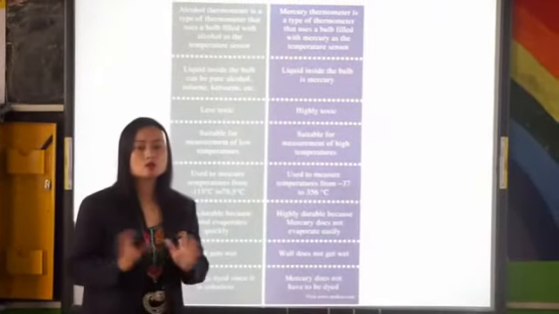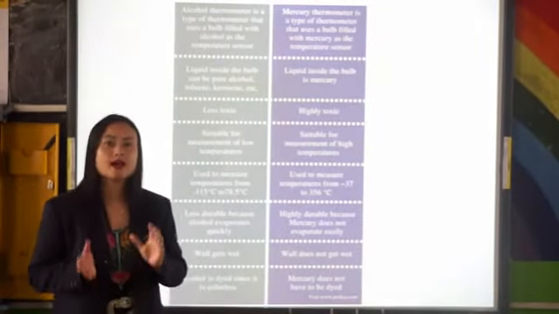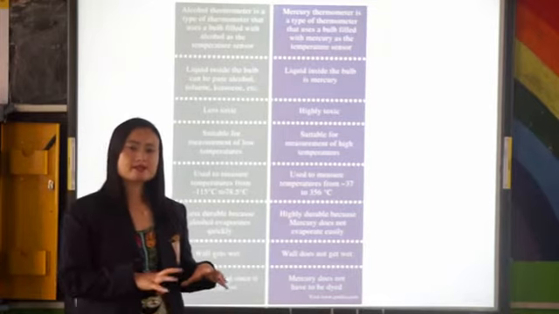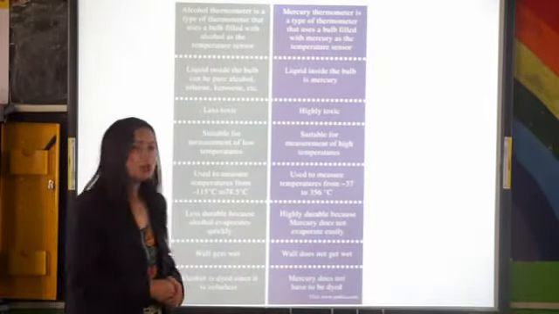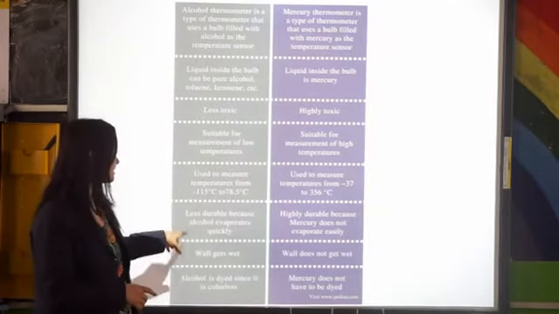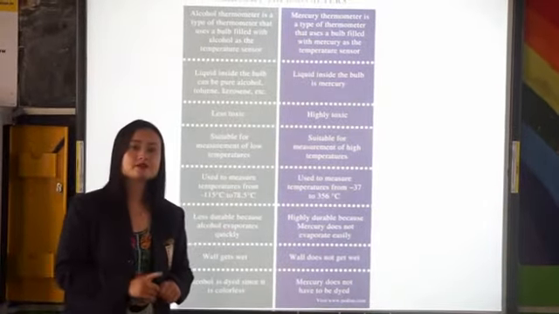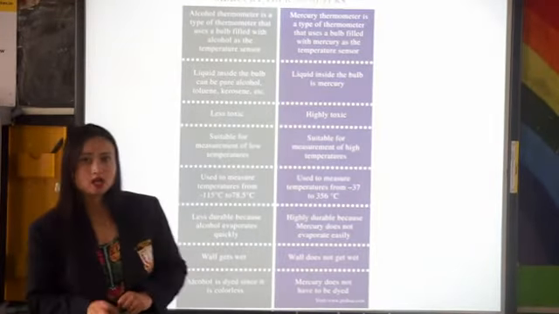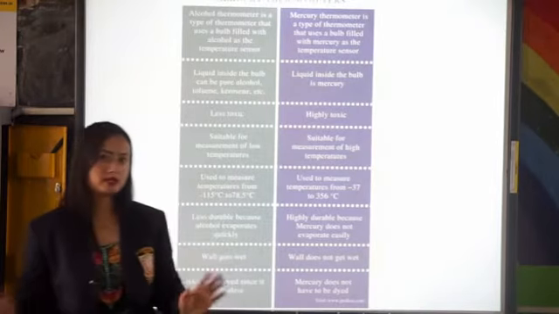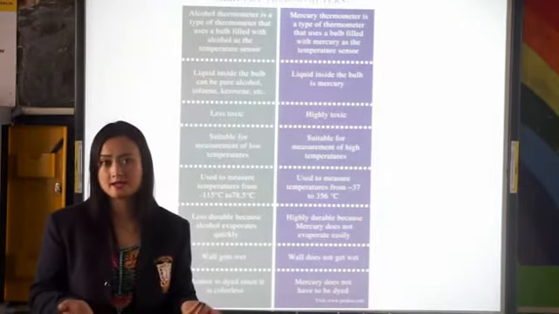That's why in cold places alcohol is used as a thermometric substance, and in places where the temperature is high, mercury is used. Now the other difference is that alcohol is less durable because it evaporates quickly, and that is one reason why mercury is often used as a thermometric substance. You know alcohol is available everywhere, but we don't use it as a thermometric substance, isn't it?